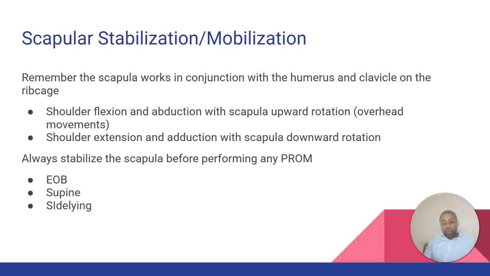Of course, body mechanics is important, so when you do mobilize, be conscious of your body mechanics as well. You can do passive range of motion with the person sitting at the edge of the bed, or supine, lying down on the mat or in the bed, or side lying where the scapula is easily accessible.